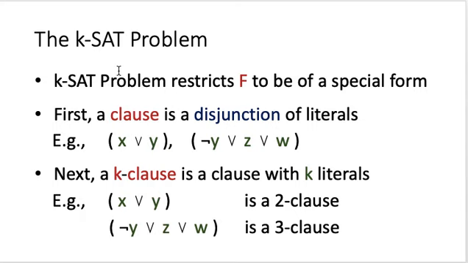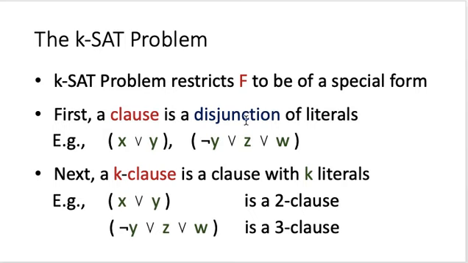Okay, now let us modify the problem a little bit into the so-called k-set problem. In the k-set problem, we will restrict the formula f to be of a special form. So first of all, we define what is meant by a clause. A clause is a disjunction of these variables or the negation of the variables.